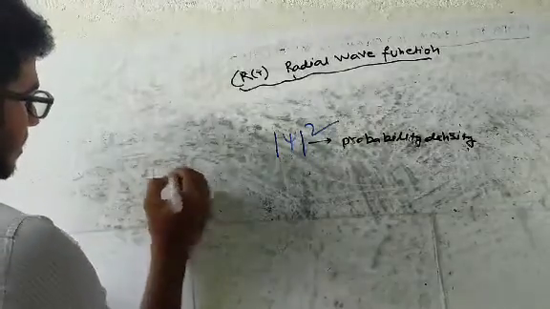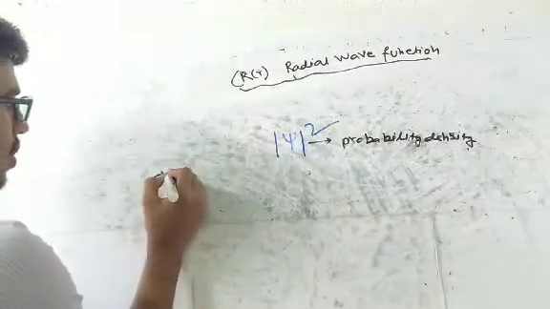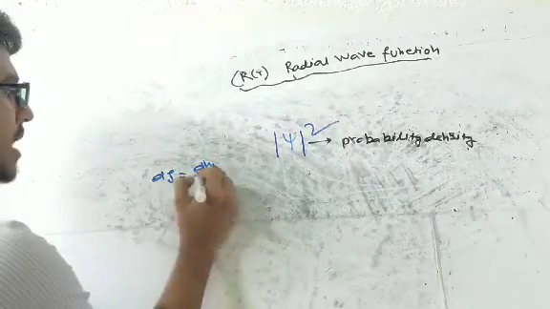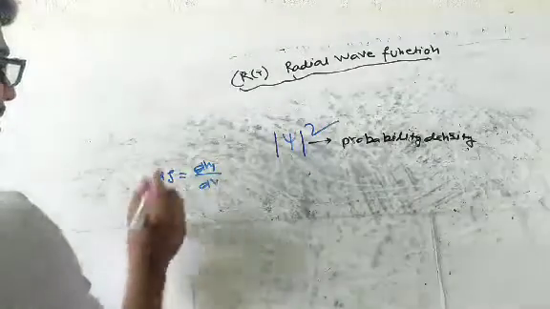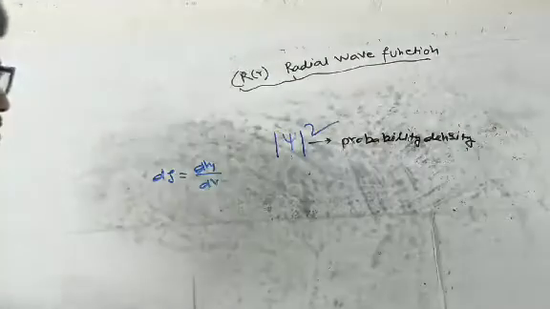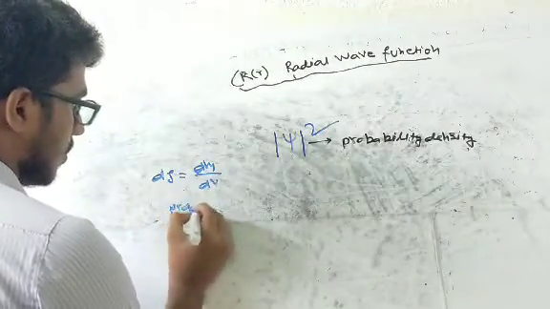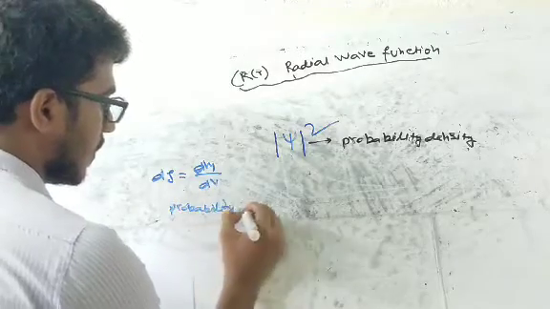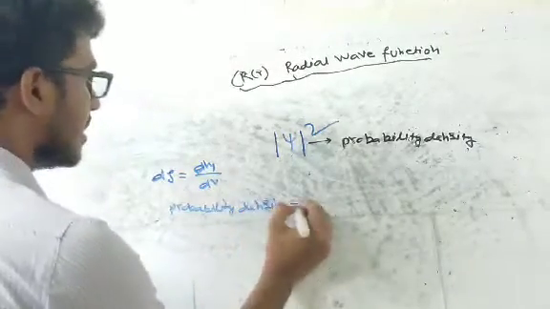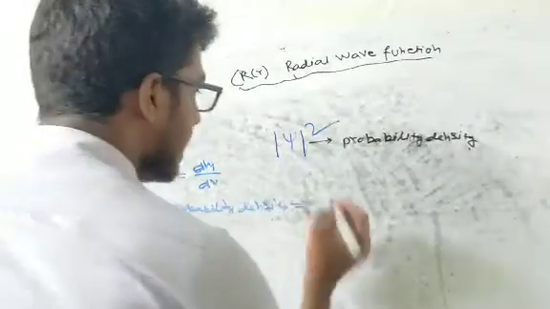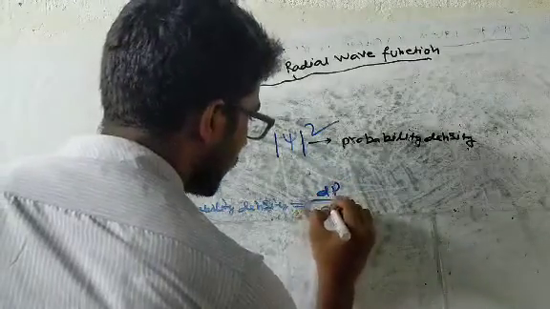Now if I say mass density, d rho equals dm by dv.